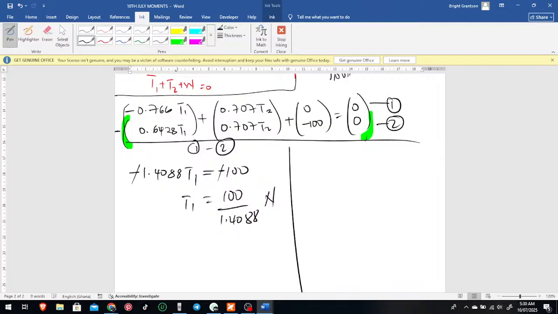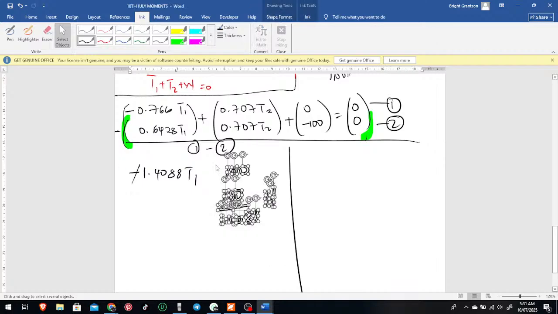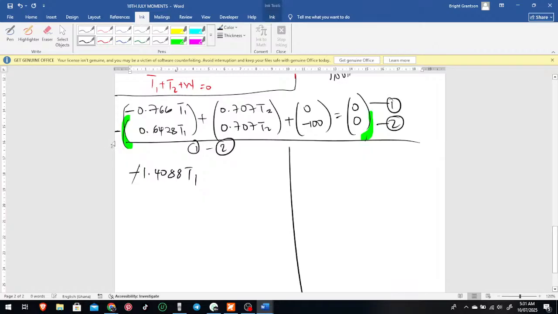No. Okay, let me do it step by step. Like 0 minus 100, so it will be 0 plus 100, and remove to the other side. So it will be negative 100. Wait, let me do it step by step. This one gives you what?